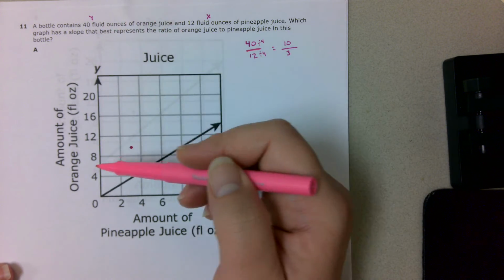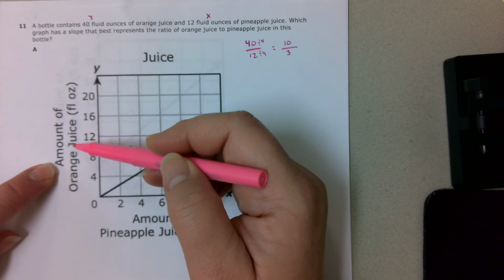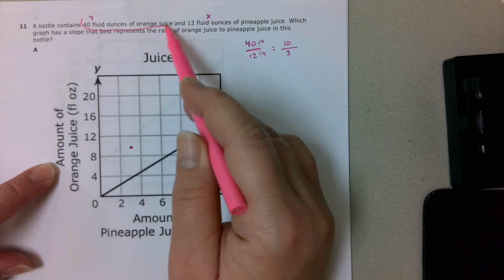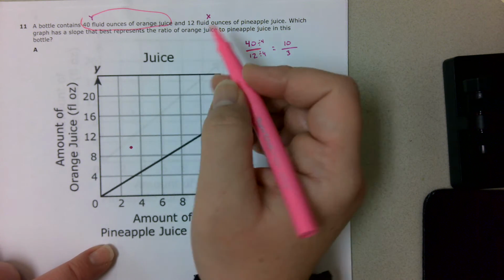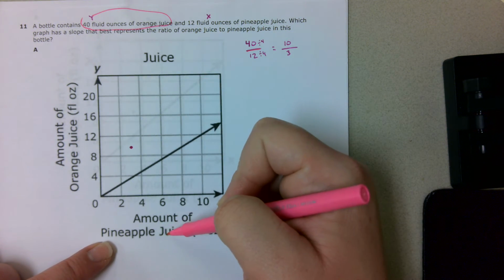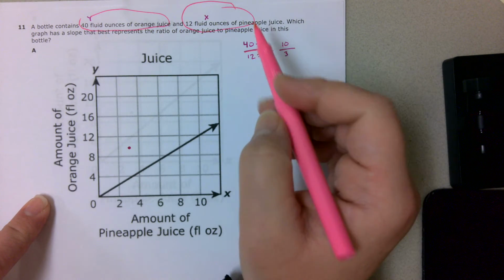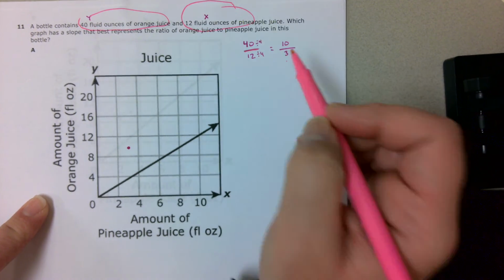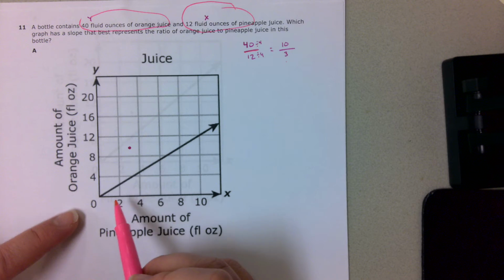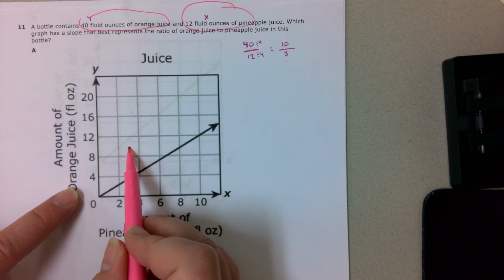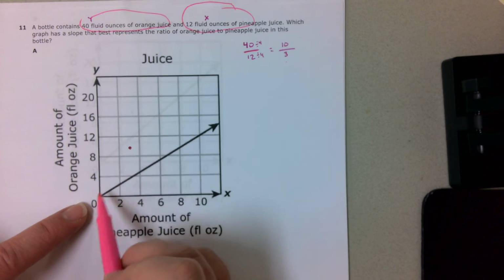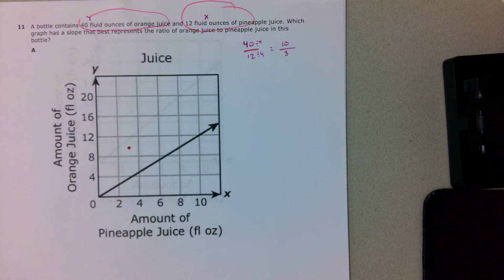So y over x. I have orange juice, that's my 40, and then my pineapple juice is my x value. So 40 over 12, divide by 4, I get 10 thirds. And then I just need to go up 10 and over 3. Up 10 over 3 is right there, not on the graph.